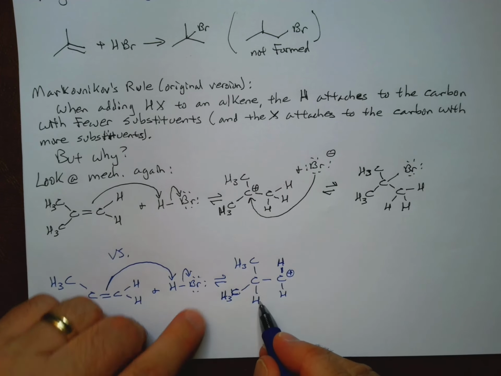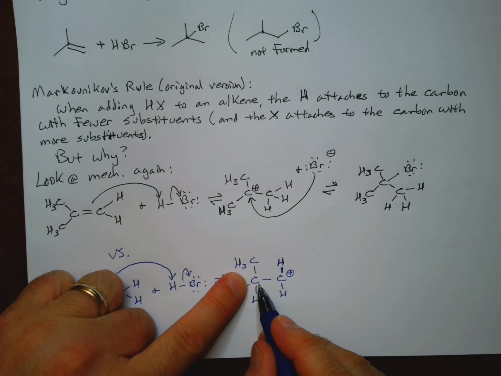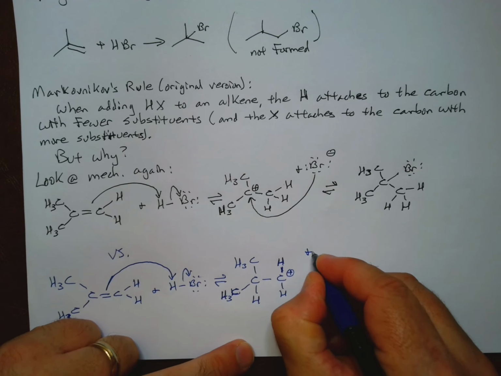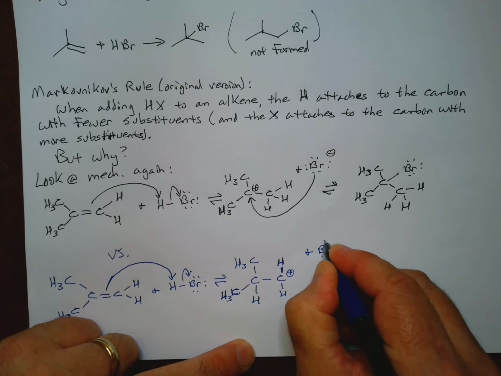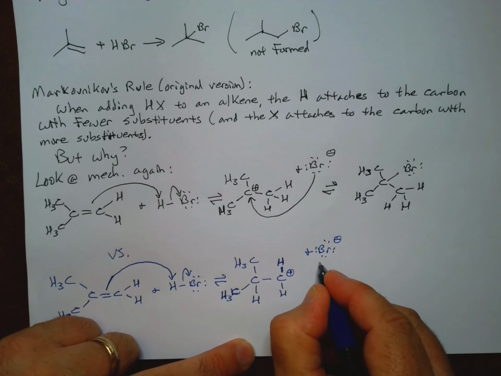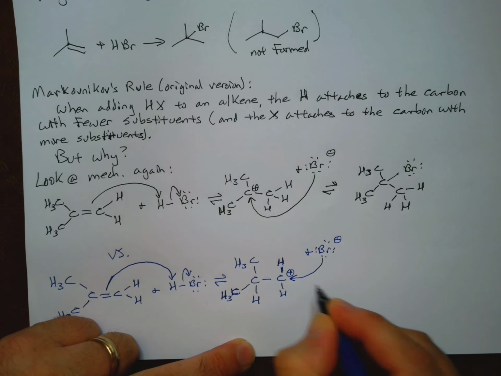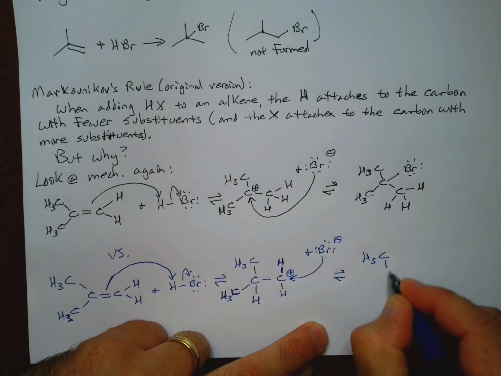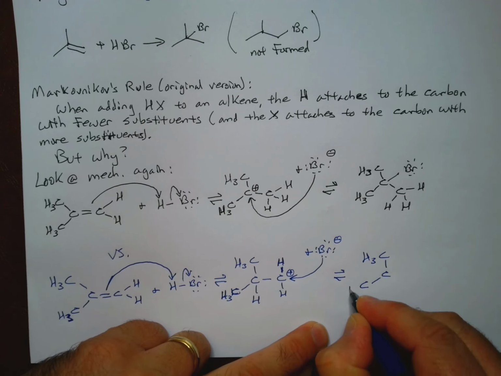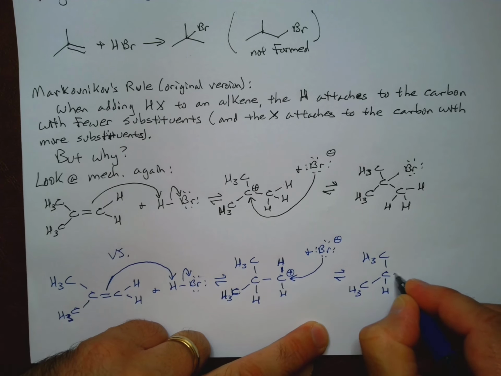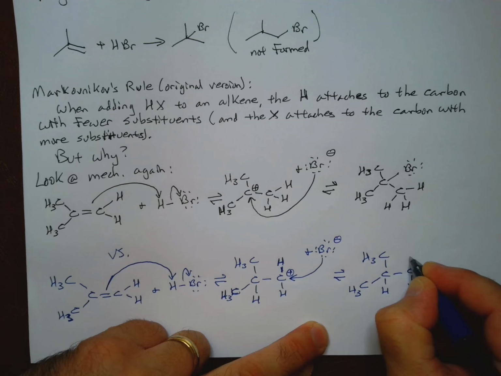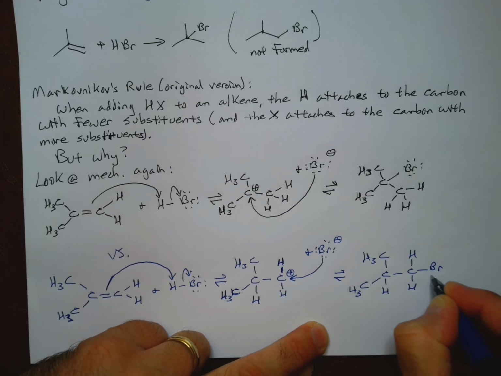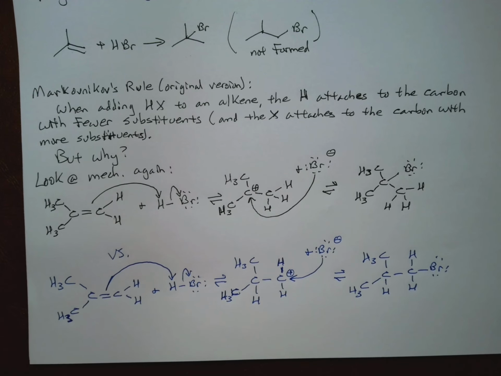So now I'm adding my hydrogen to the more substituted carbon. Of course, I'm going to have my bromide ion, and that can add in, giving us H3C, C, CH3, H, C, H, Br. And this is the product that we actually don't see.